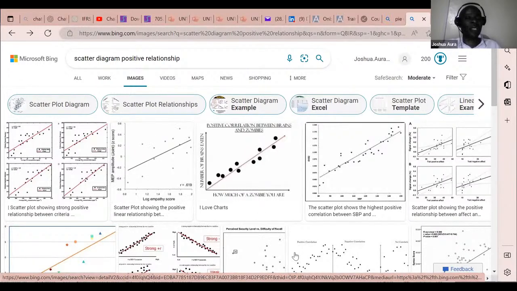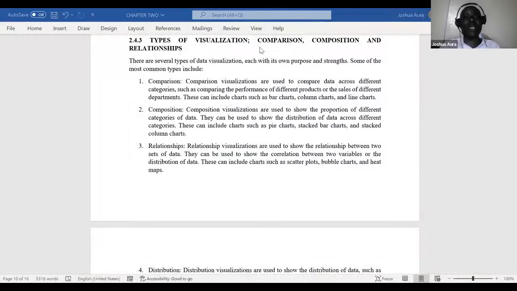So, ladies and gentlemen, what have we said about data visualization? When we talk of types of visualization, comparison, composition, and relationships, what types of graphs do we have under comparison?